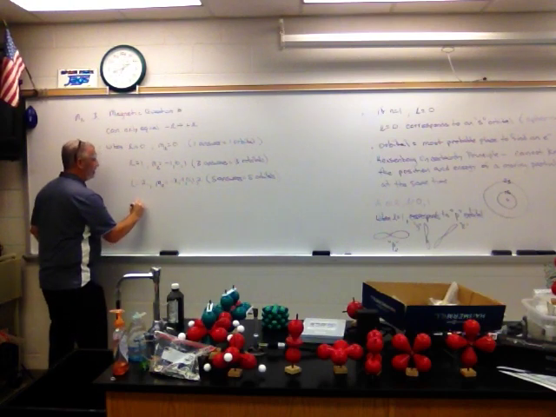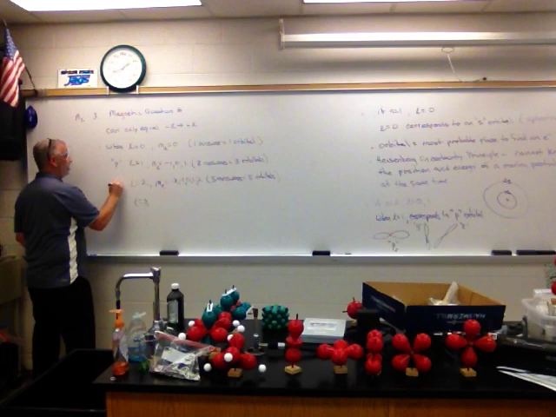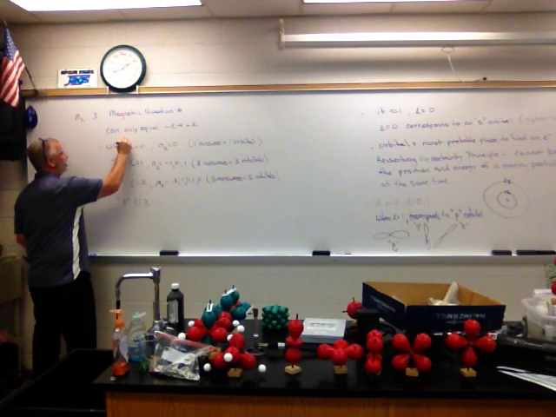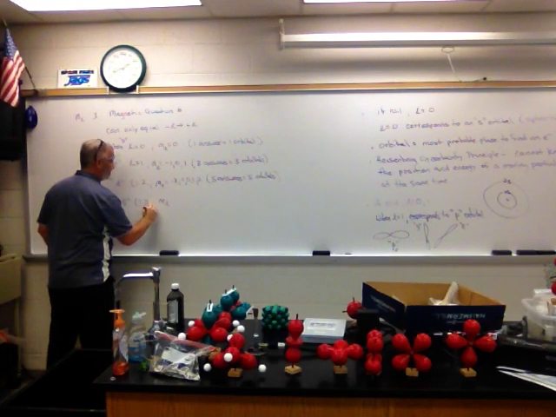So when l equals 3, this is your p, this is your d, this is your f, this one is your s. What's my m sub l going to equal?